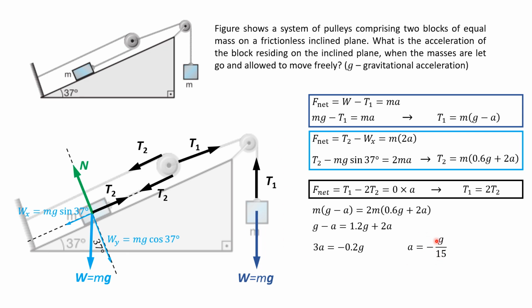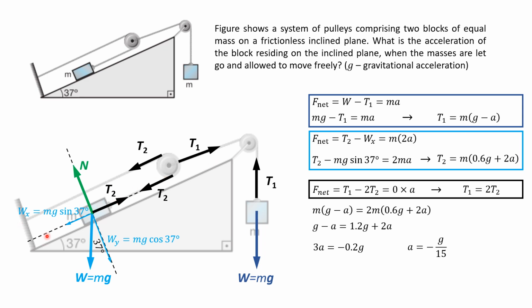That's what the minus sign tells me. So our choice that the block is moving down was wrong. But even if we made a wrong assumption, we still know in which direction the block is accelerating. So the block is accelerating in the upward direction, which means everything is moving down the inclined plane.